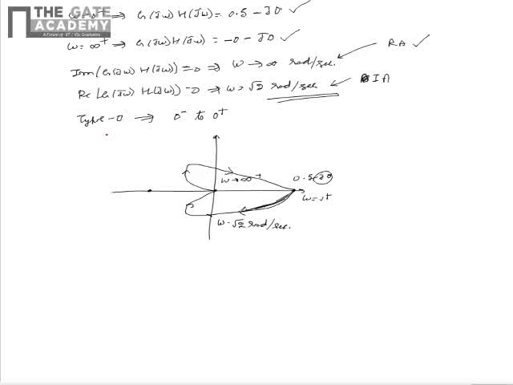Please note that the system is type 0 system and hence there will not be any encirclements as omega is varied from 0 minus to 0 plus. So from the given data, the Nyquist plot of the control system can be obtained as shown. Hence the correct option which represents the Nyquist plot of the given control system is C.